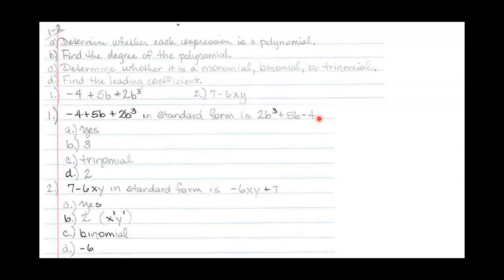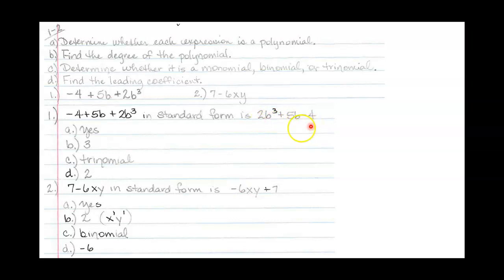So determining if this is a polynomial, remember that a polynomial is a sum or difference of monomials. And monomials are just constants or variables, or constants and variables combined. So yes, this is a polynomial.